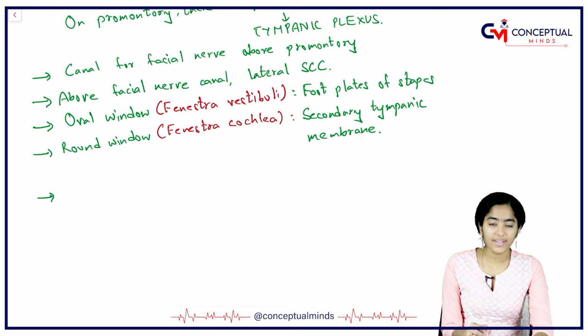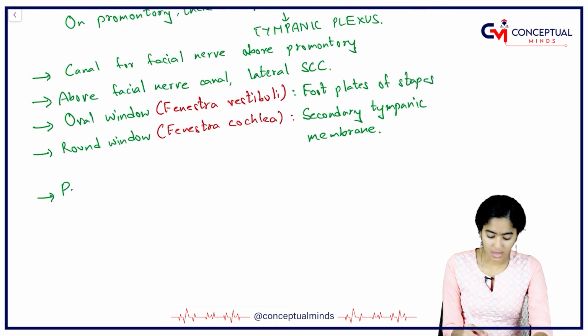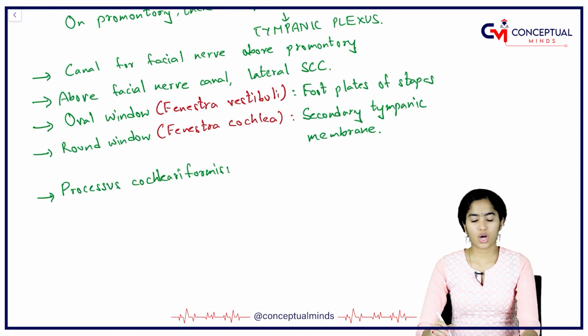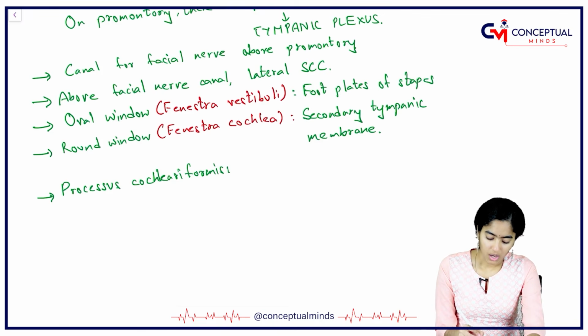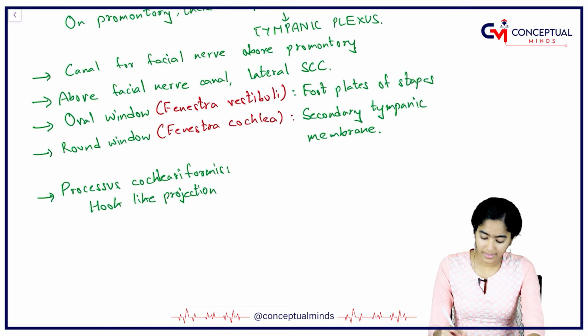Then we have a hook-like projection called processus cochleariformis. Processus cochleariformis is a hook-like projection on the medial wall which lies anterior to the oval window.